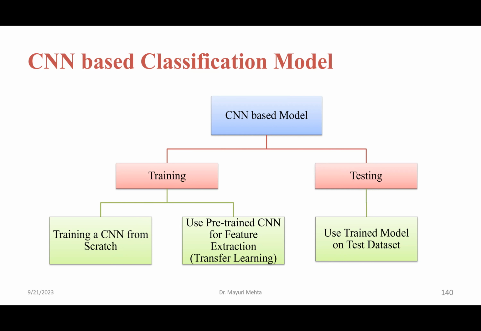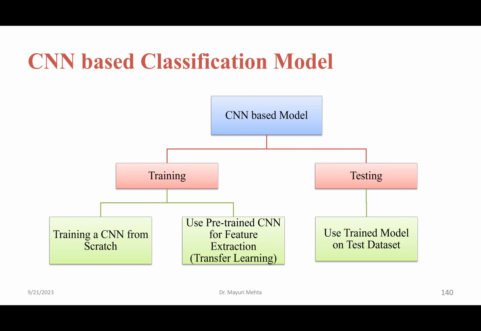I'll tell you why pre-trained CNNs are sometimes more beneficial than training a CNN from scratch. Training a CNN from scratch requires a massive amount of labeled data. Recall that in the second unit we learned different deep neural network architectures, some supervised learning models and some unsupervised learning models.